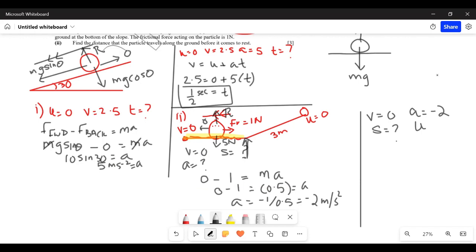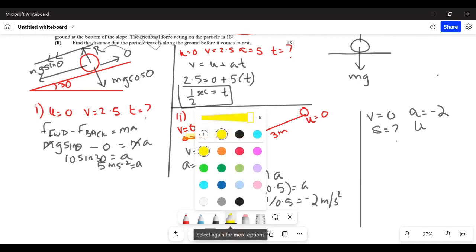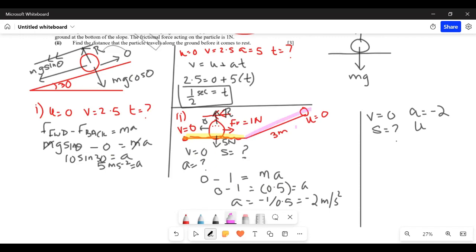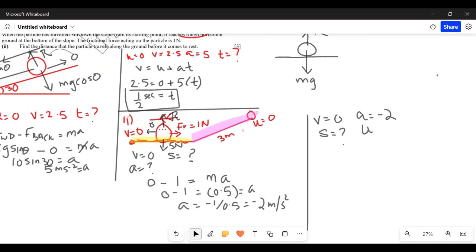Now we can find the speed by finding v of this part, because v of the slope, that is the final speed at the bottom of the slope, is going to become u for the horizontal motion.